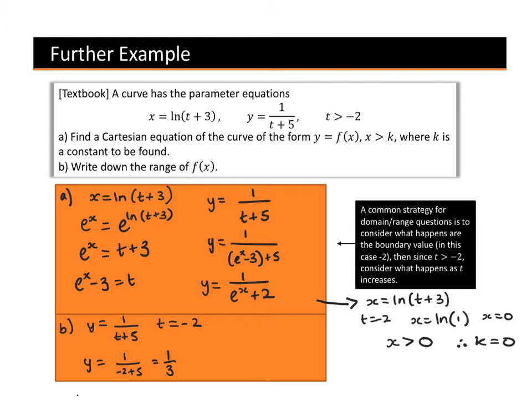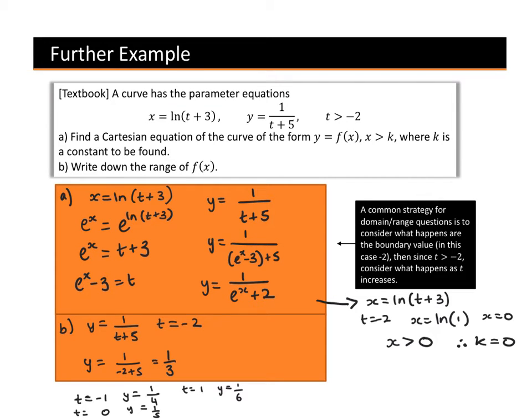If I put in then t equals -1, I'm going to get y equals a quarter. Okay, if I put t equals 0, I'm going to get y equals 1 over 5. If I put t equals 1, I'm going to get y equals 1 over 6.